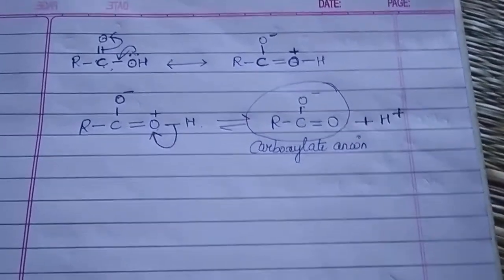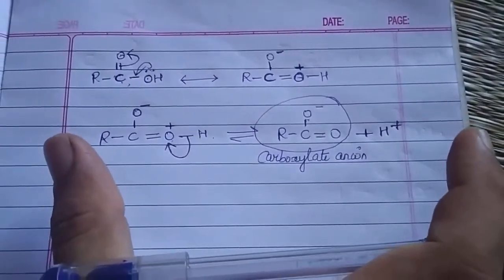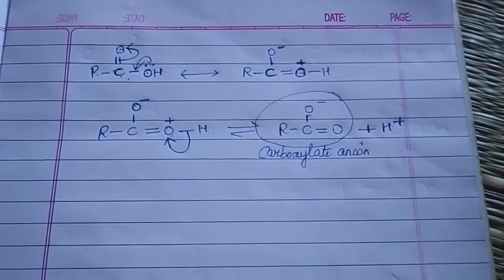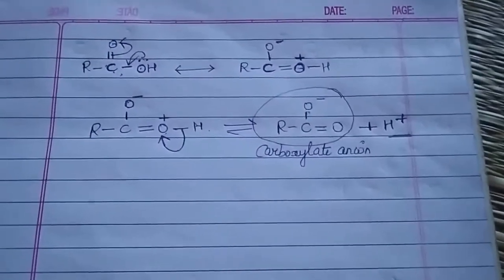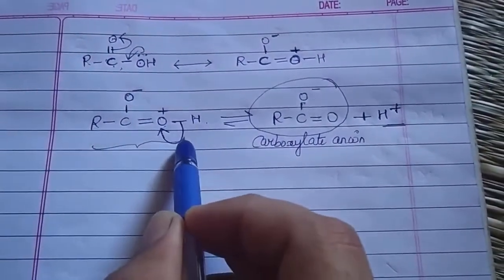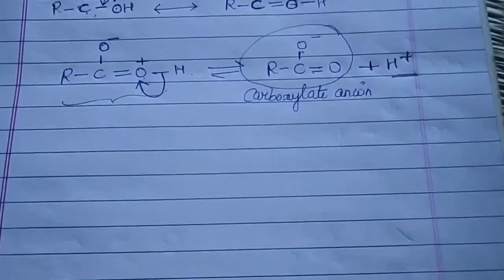The same thing lies over here. The carboxylic group is itself going through some rearrangement so that it can give a proton without any external energy. That means the carboxylic acid group is trying to get converted to the carboxylate anion.